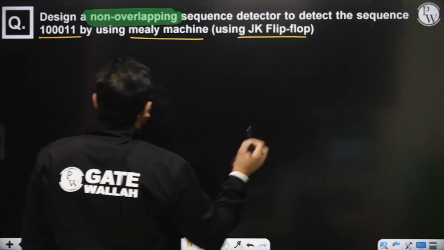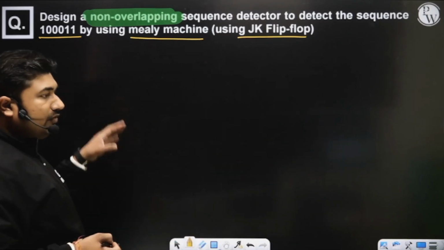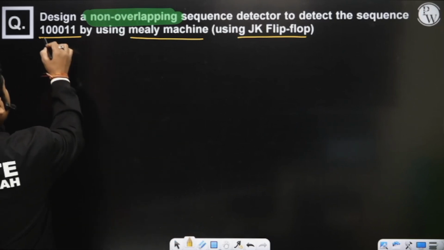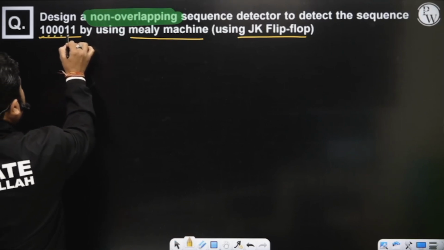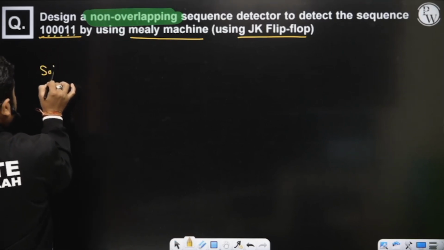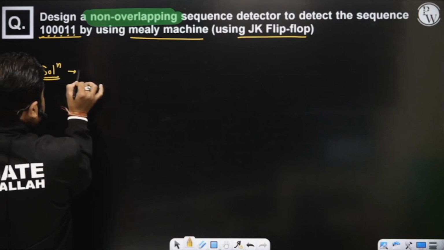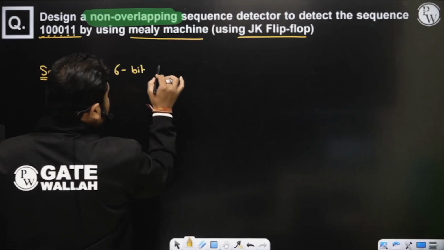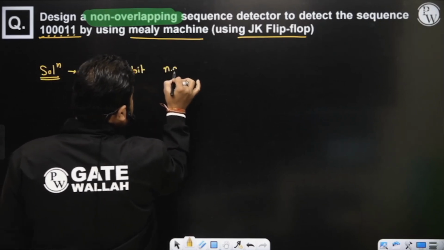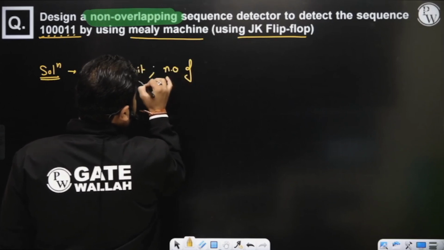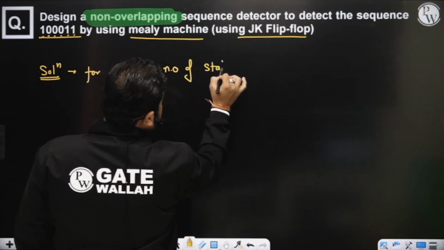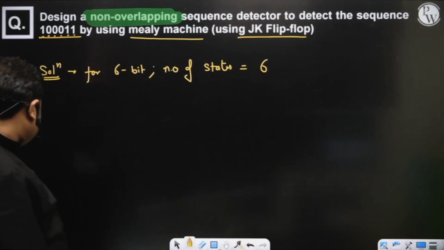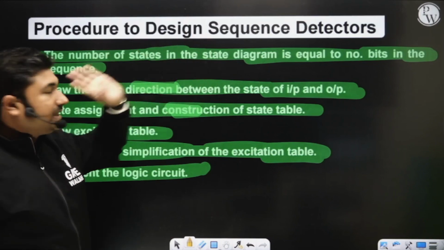Now please observe here. First of all, we need to design a state diagram. How many bits are there? Sir, 1, 2, 3, 4, 5, 6. So for 6 bits, the number of states is equal to 6. Is it okay? Yes, sir. So first is to find the number of states.